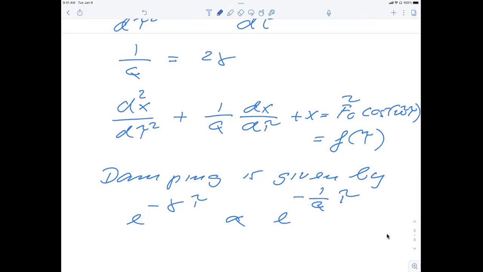So I'm going to just ask you one thing. Have you seen some equations in physics which are governed by such an exponential? We've been looking at the decay due to damping, but we have other important physical processes which are governed by such an exponential. When you took modern physics, did you see some physical processes? Yeah, radioactive decay. And if you think of tau as time, do you remember what they would call this parameter in front of time?